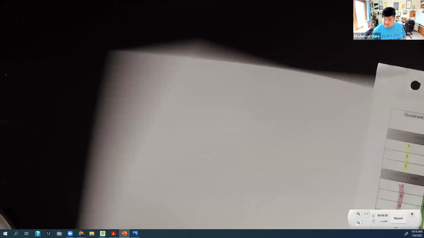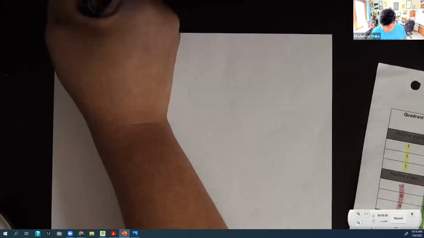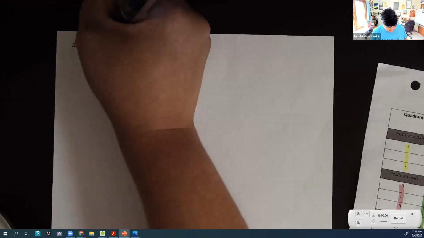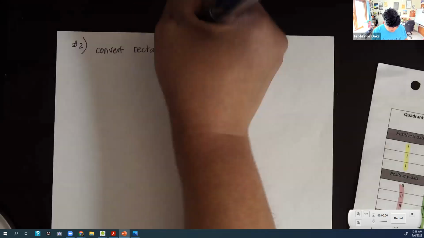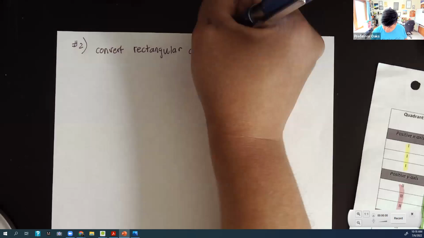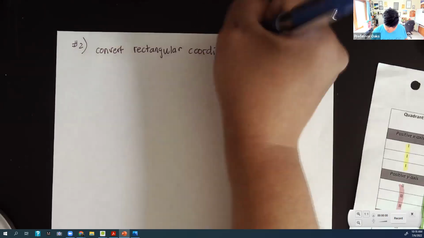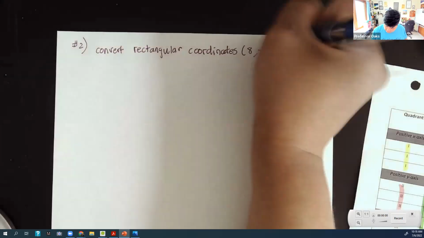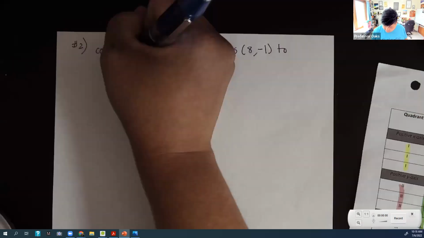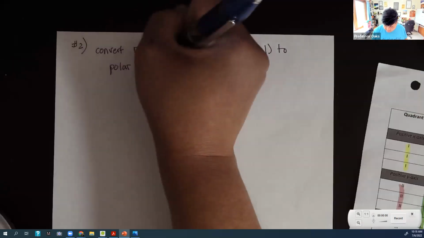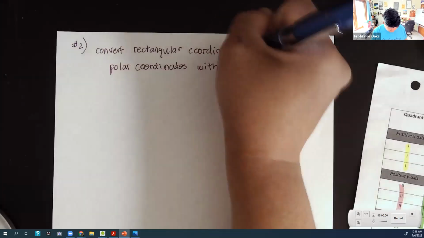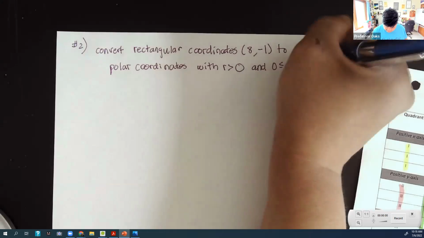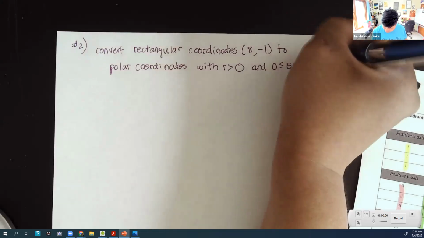It says number 2, convert the rectangular coordinates of 8, -1 to polar coordinates with r greater than 0 and theta between 0 and 2 pi.